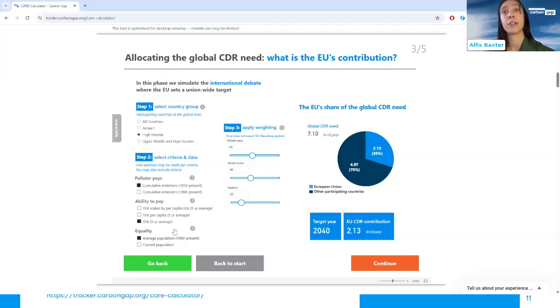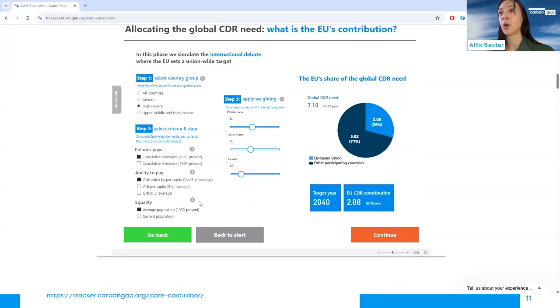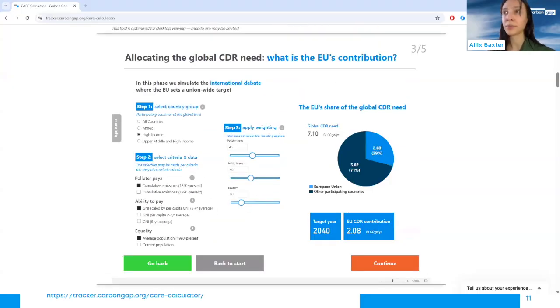So should they still be considered to deliver CDR? I don't know. Or if we look at just GNI per capita, a country like Luxembourg, for example, might have high responsibility, even though their overall wealth is relatively lower. So that's why there's this third category of GNI scaled by per capita GNI, which tries to balance both of those.